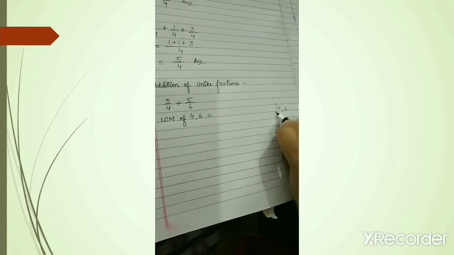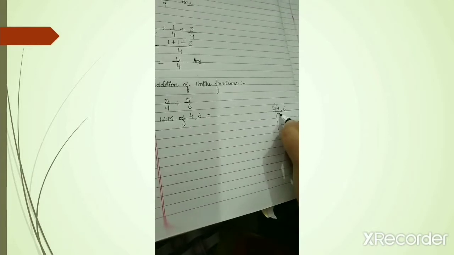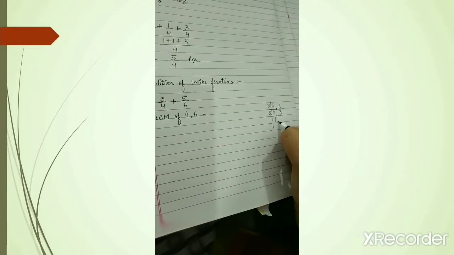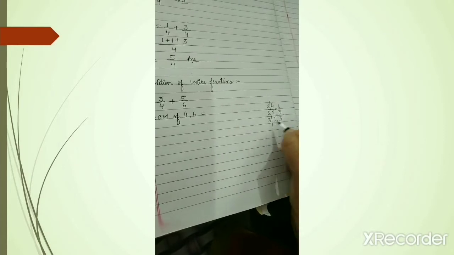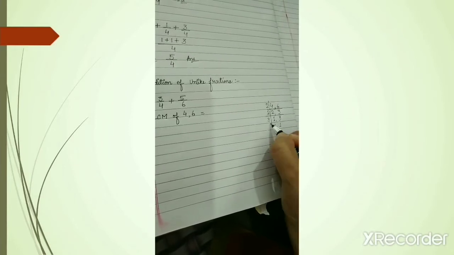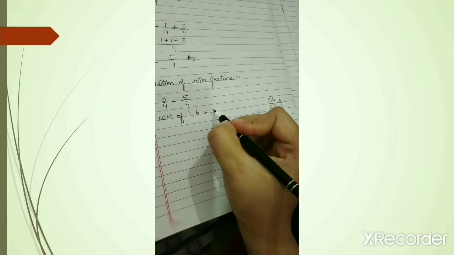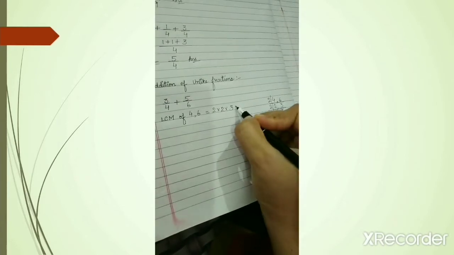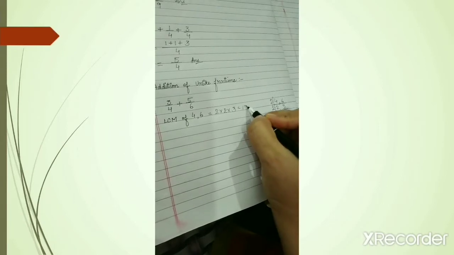Let's take the LCM by prime factorization method. 2 2s are 4, 2 3s are 6, 2 1s are 2, and finally 3 1s are 3. So the factor is 2 into 2 into 3, that is 12.